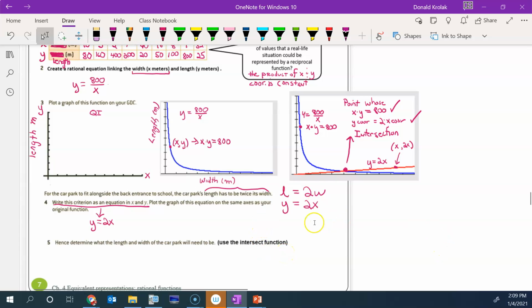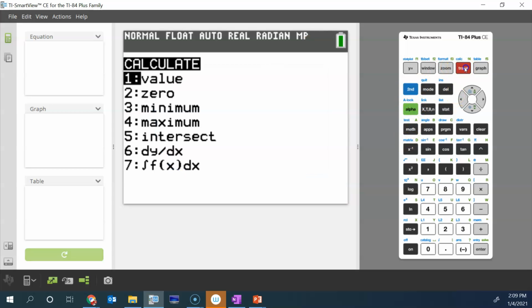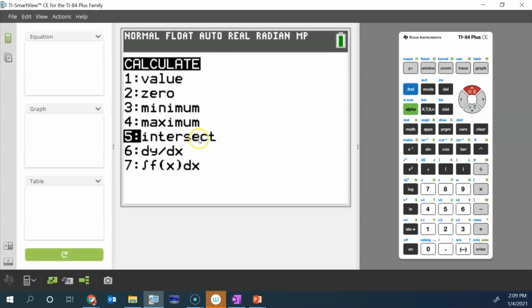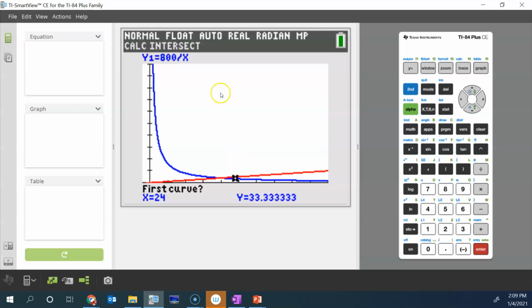Okay. So let's see, where was I? Okay, so to do that, guys, we go to intersect. So we go second, calc, go down to intersect. Okay, now watch the keystrokes here. They're very simple, but for some reason, people always get confused. Okay, if you look in the upper corner of the graph, this tells you where your cursor is. Your cursor is on the blue curve. That's the first curve.